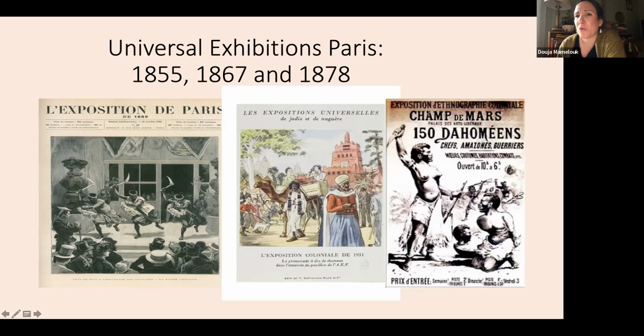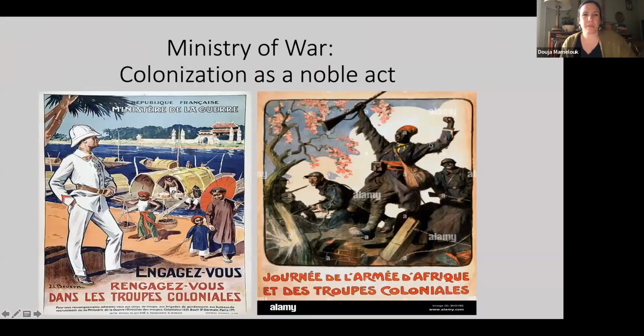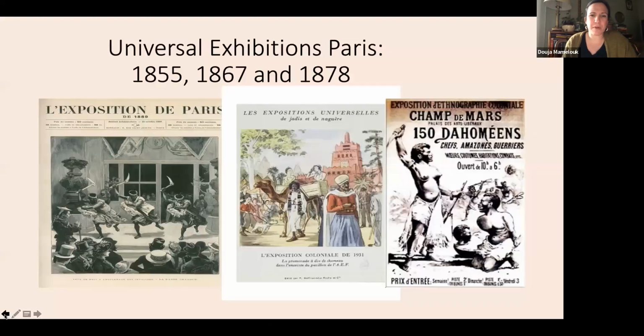And then to look at another, now this is, it says right here that it's an ethnographic exposition. Sorry. If I try to minimize my, here, I'm not sure if you guys can see me, but if you look at this one, and this is a Douja Mamelouk, so it tells you that there's this exhibit that's happening. Notice how the woman is, her breasts are showing, and on the bottom, you see that there's an entrance price, which really is interesting because think about it this way.